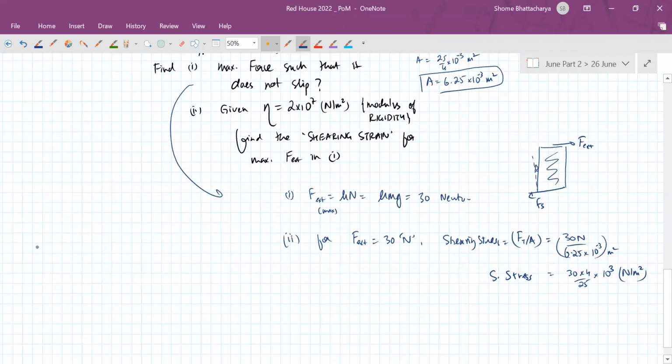This will become 6 into 4 by 5. So 24 by 5, or 4.8. So this angle by which it bends, or the shearing strain, is okay.